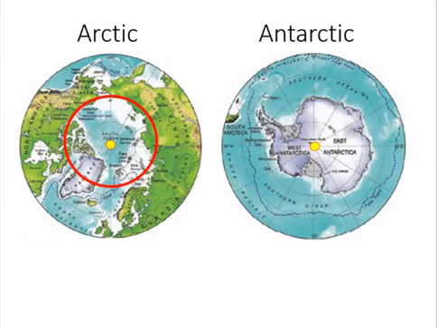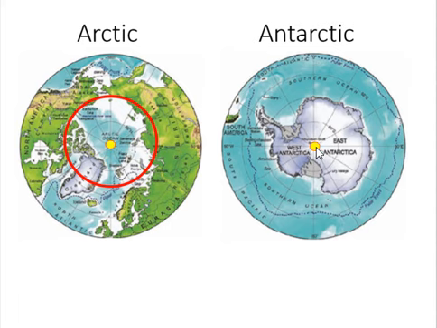So, where are the polar regions? As we can see the picture here, can you see the red circle here? These are the areas surrounded the North Pole. This is the North Pole, and these areas we called polar region. This is the northern polar region.